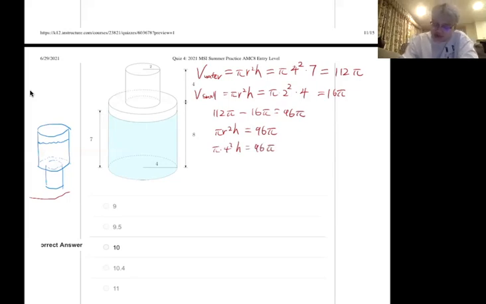And simplifying the equation, we get 16h equals 96. And h will equal 6. So it will take up the height of 6 of the big cylinder, also the height of 4 of the small cylinder. And that will give us a height of 10. So the answer is number C.